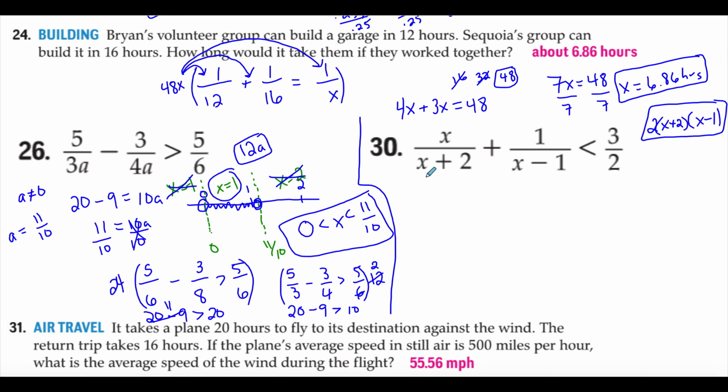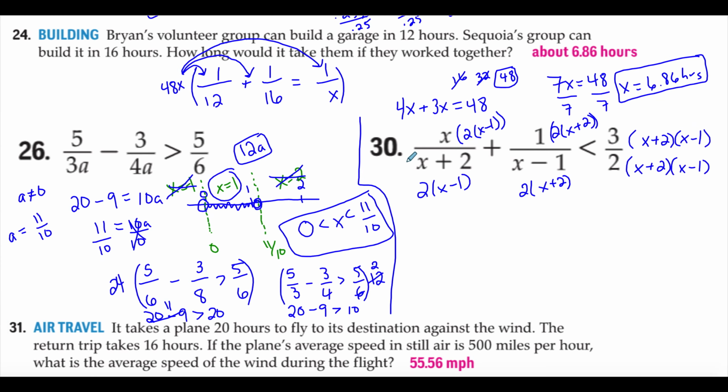So we're going to multiply here by a 2 and an x minus 1. All right, 2 times x minus 1. And here we're going to multiply by a 2 and an x plus 2. And then over here, we're going to have to multiply by the x plus 2, x minus 1.